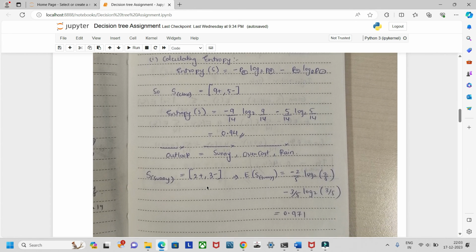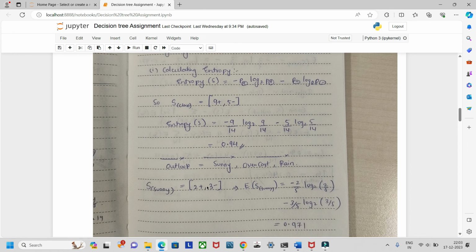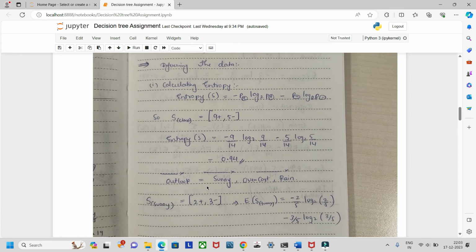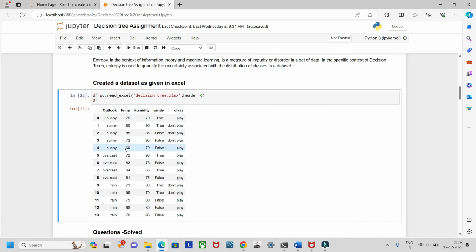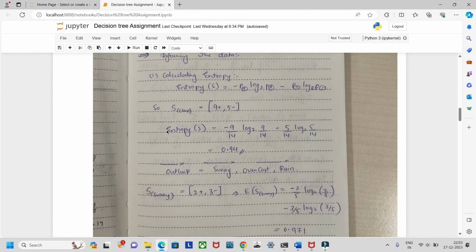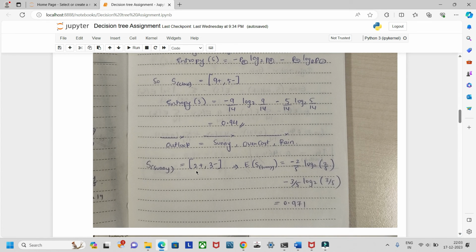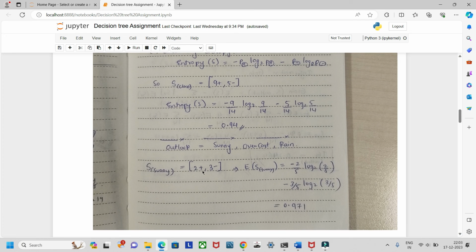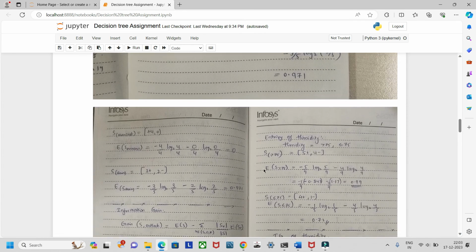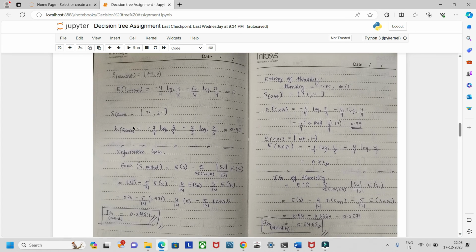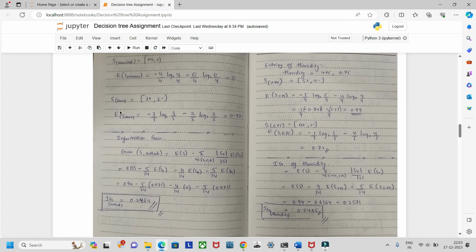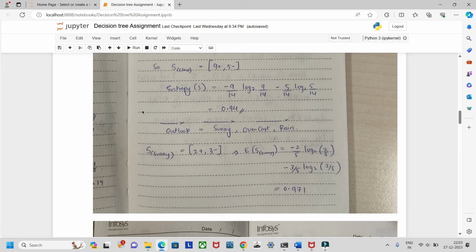Next, you need to calculate the entropy of the outlook column. Each column we can calculate the entropy. If you want to calculate the entropy of every column, you need to calculate the entropy of the sub values available there. So here we are calculating the entropy of sunny, then overcast, and then rain.